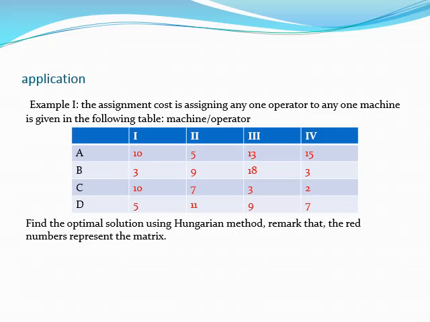Each operator is assigned to one machine, and each machine should be assigned to one operator, as we mentioned before, on the basis of one to one. Now, we are going to apply the Hungarian method using the previous steps or instructions.